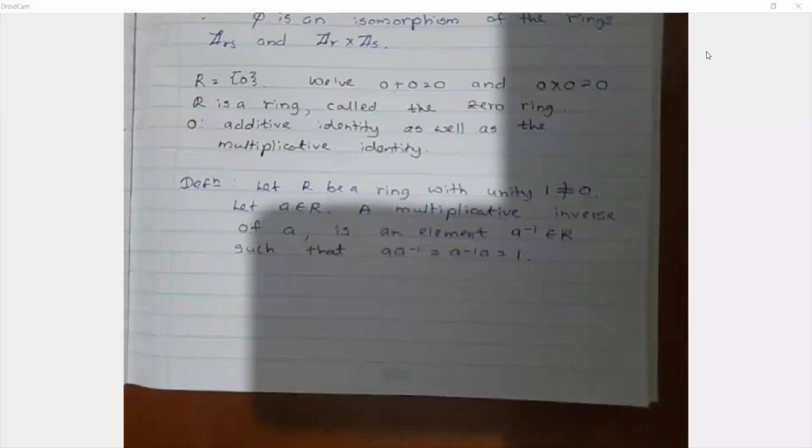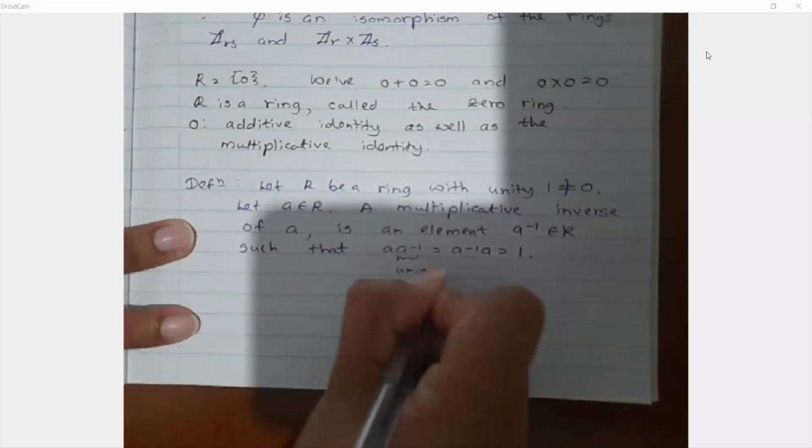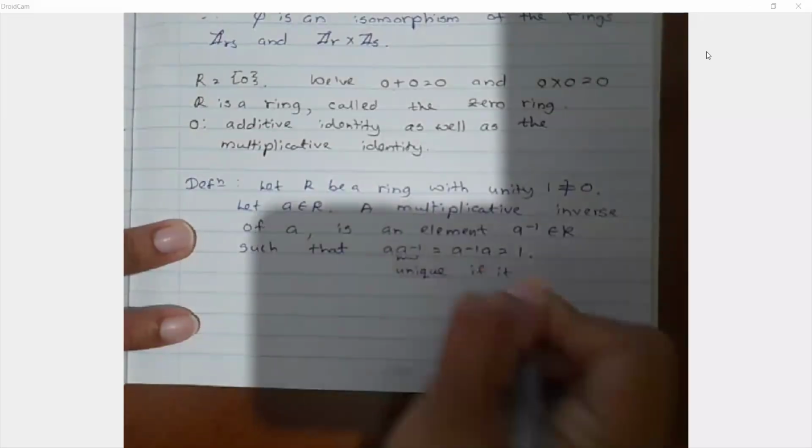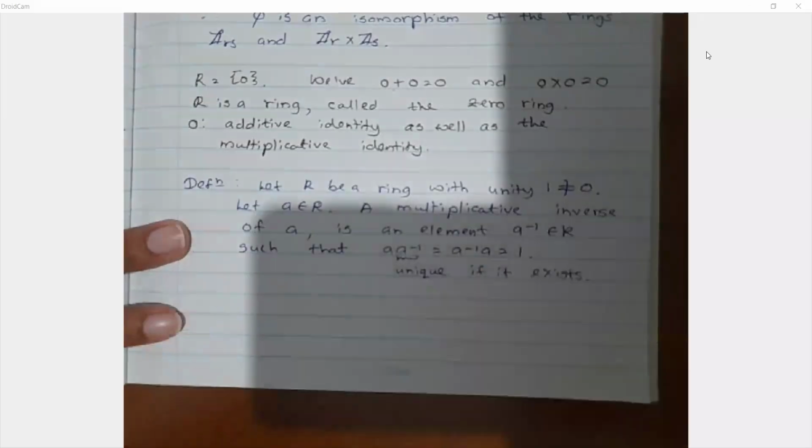A multiplicative inverse may exist or may not exist, depends on the ring. If such a multiplicative inverse exists, it must be unique, right? So this is unique if it exists. Okay, so this is what we call the multiplicative inverse.